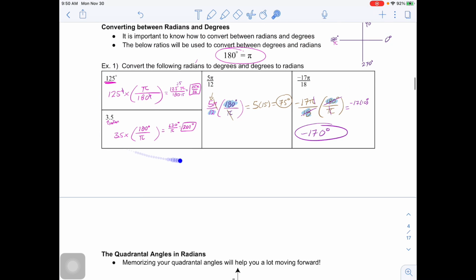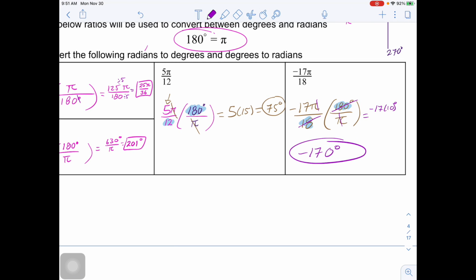And again, you might find some different ways to convert these. I'm a conversion factor type of guy, but you could also set it up if you're used to this, where you go 180 degrees over pi equals, and let's say we're trying to get this to turn into degrees.